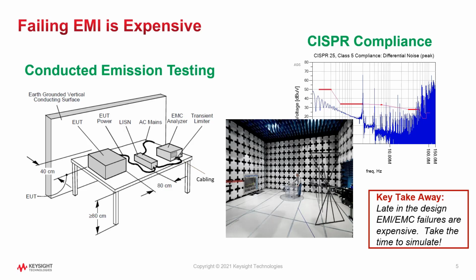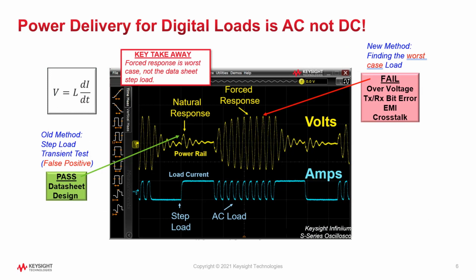Late in the design retrofits with added filters and capacitors can add to manufacturing costs, while full design respins to fix EMI/EMC problems result in product delays with daily lost revenue. It is much better to start simulating early in the design phase to understand and mitigate potential power delivery EMI noise sources. I can't say it enough.